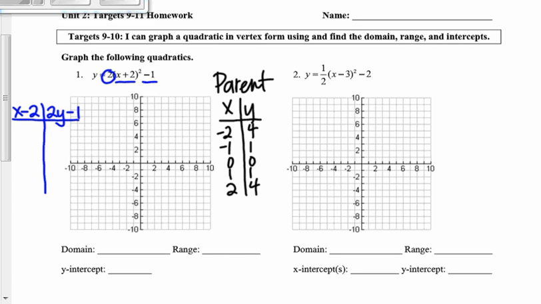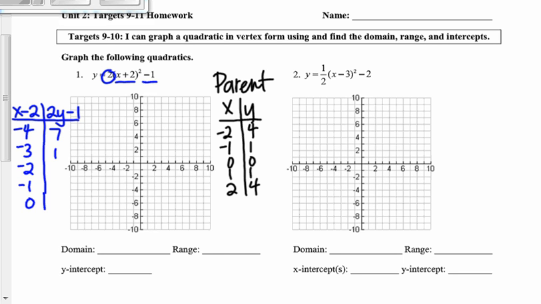Looking at the parent function, these x values, negative 2, negative 1, 0, 1, 2, I'm going to subtract 2 from each of those. And then for the y values, I'm going to multiply each of them by 2 and then subtract 1. So starting with 4 at the top, that would be 7.